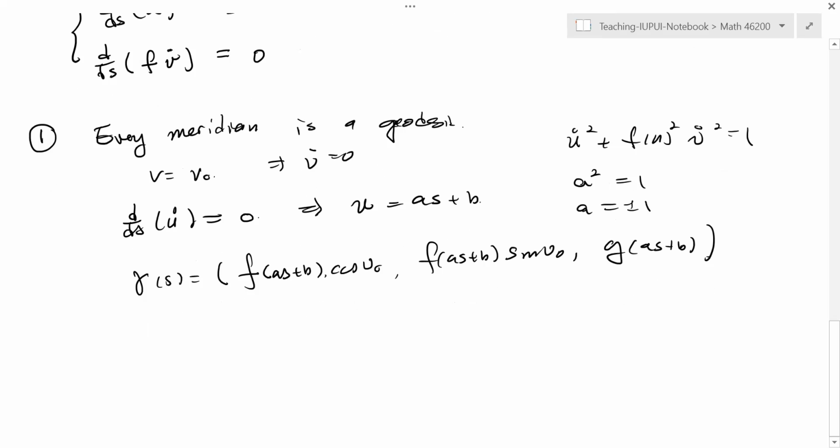Minus 1 is going the other direction, right?